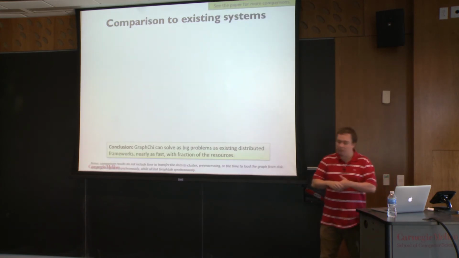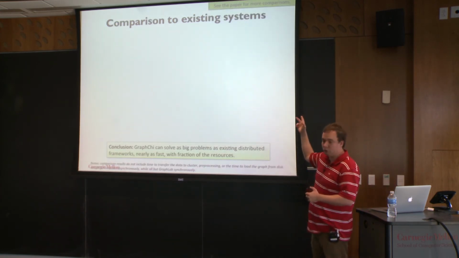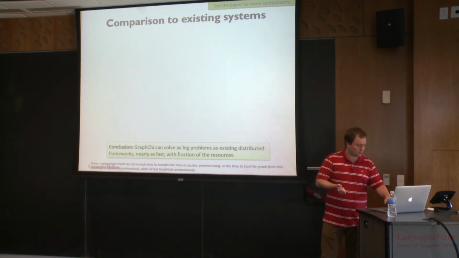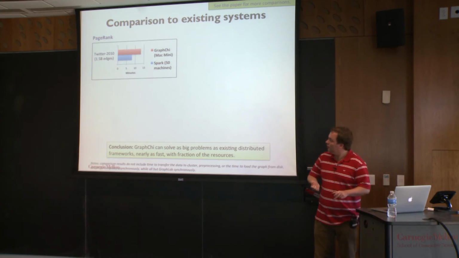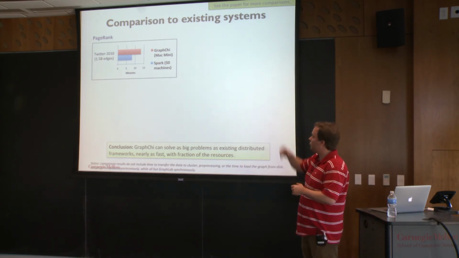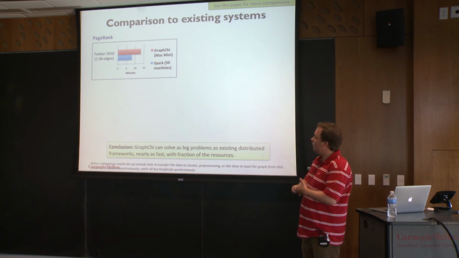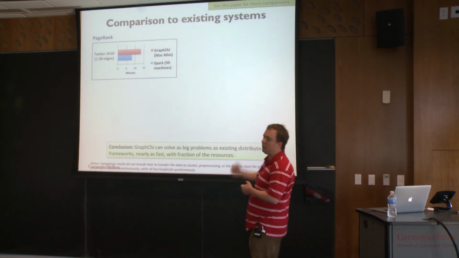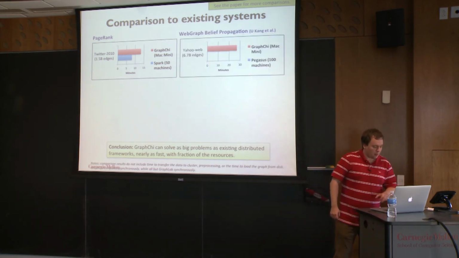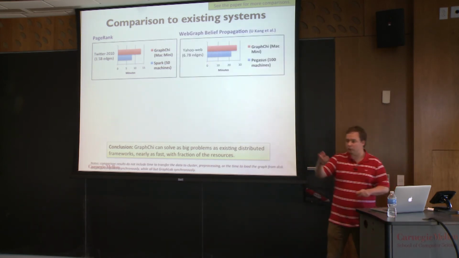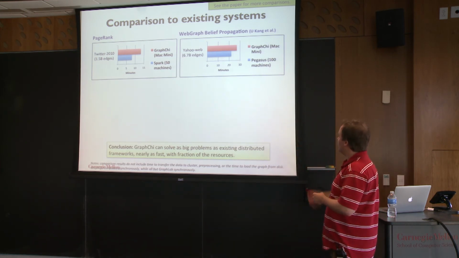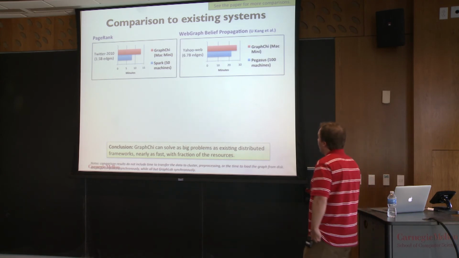And so let's see some examples. In the papers, there are more, and you can see the citations for all of these results. So PageRank: Spark is a new system from Berkeley. By using 50 machines, it's about twice as fast as GraphChi. Then WebGraph belief propagation, which is work from CMU, using Pegasus, which is a Hadoop-based system.